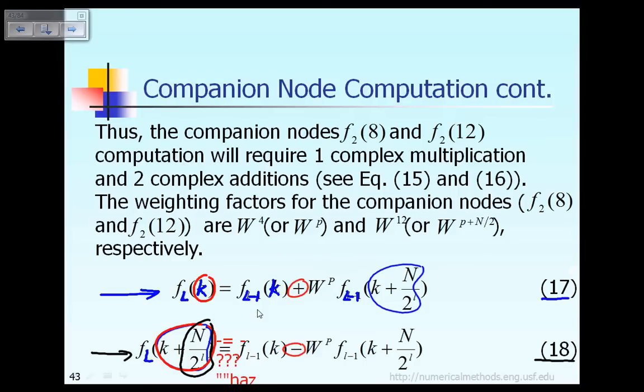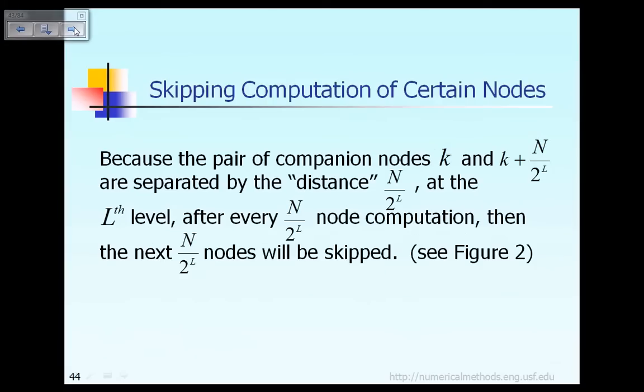That's why I keep saying many times, in real computation implementation, we calculate FLK based on equation 17, and immediately after we get FLK, we compute the companion node, shown in equation 18, simply by changing the plus sign to the minus sign. So we just calculate FLK, and later we can skip this companion node computation because you already computed it immediately after equation 17.